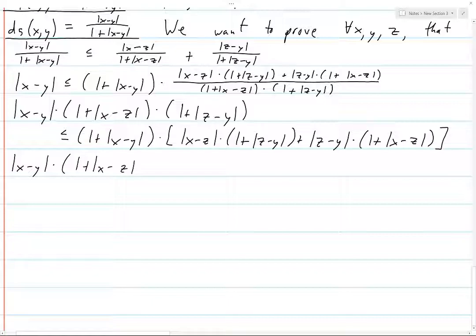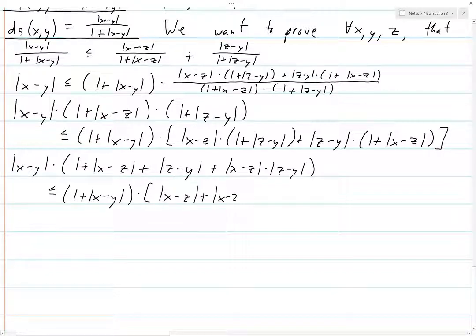And now this is less than or equal to, give myself a little more room just in case, 1 plus norm of x minus y, then we multiply by norm of x minus z plus norm of x minus z times norm of z minus y plus norm of z minus y plus norm of z minus y times norm of x minus z.